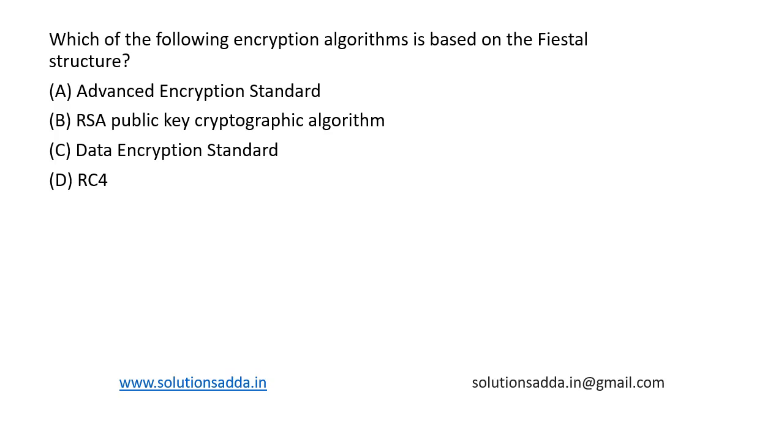Which of the following encryption algorithms is based on Feistel structure? So, Feistel cipher is a symmetric cipher used in the construction of block ciphers. Now, RSA is an asymmetric cryptography technique, whereas Feistel uses a symmetric cipher.